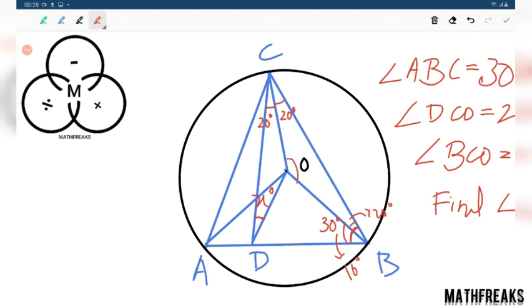This angle is 180 minus 20 minus 20, that is 140. This will be half of 140, so the total angle is 70 degrees. This angle is 10, this should be 60. This is 40. Why is this 40? Because this side equals this side. So this total angle equals the total angle minus 20. That's why this is 40.